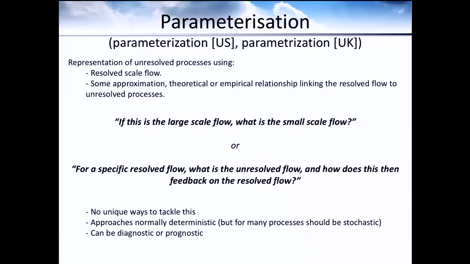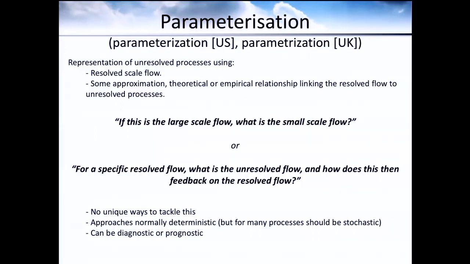So really what a parameterization is trying to do is say, if this is the large scale flow, what is the small scale flow? But what it really is doing is, for a specific resolved scale flow, what is the unresolved flow, and how does this then feed back on the resolved flow?